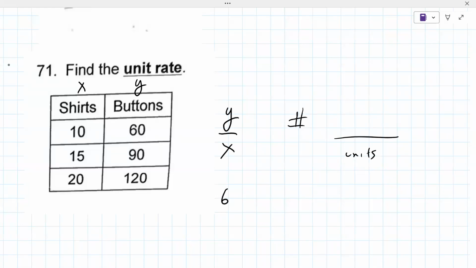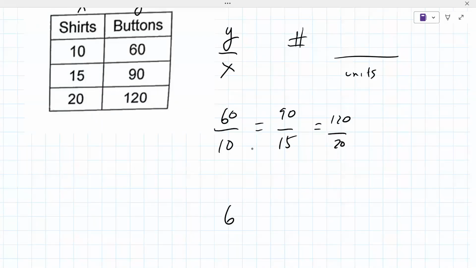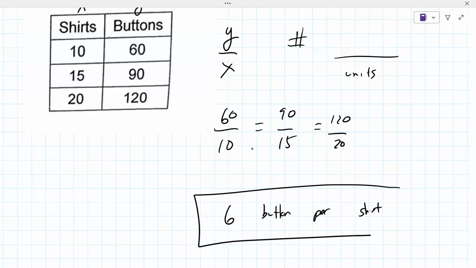So like 60 over 10 would work, or 90 over 15, or 120 over 20. Those reduce to something different than what you gave me. So try that one more. 6 for each shirt. Yeah, so this answer would receive full credit. 6 buttons per shirt. That would be the best answer.